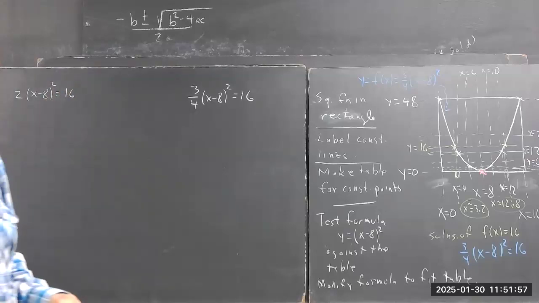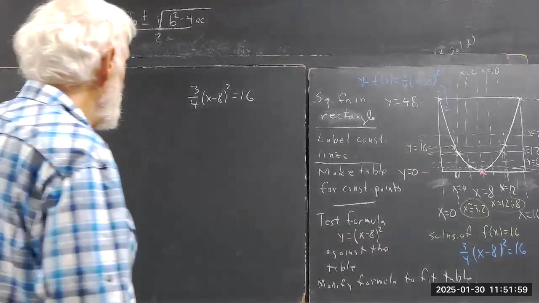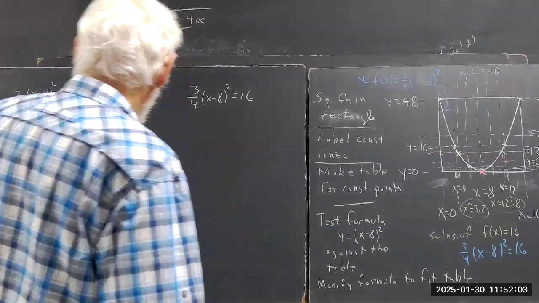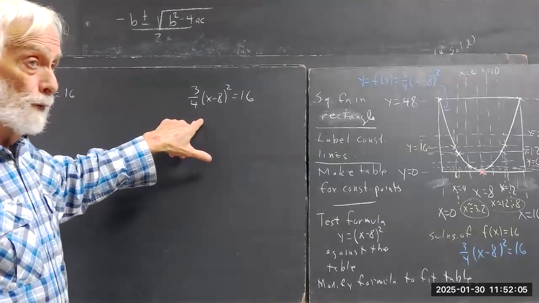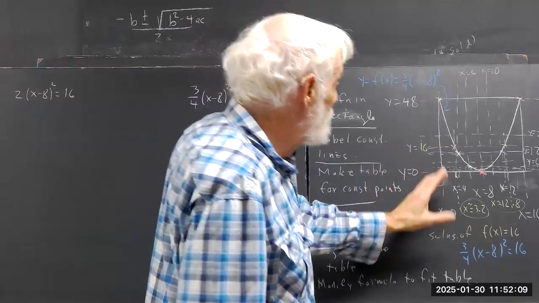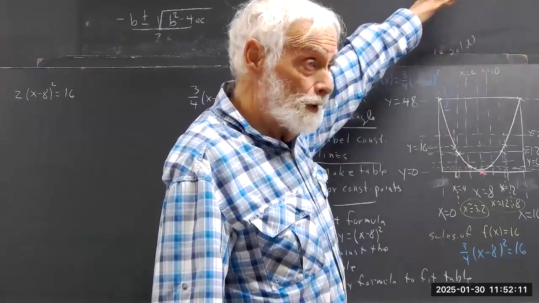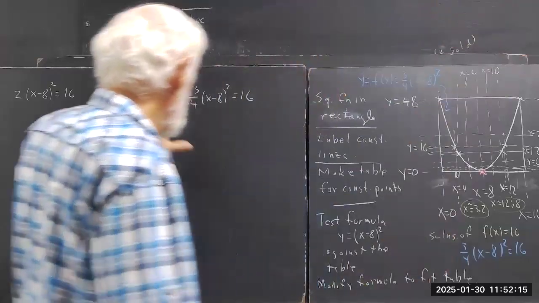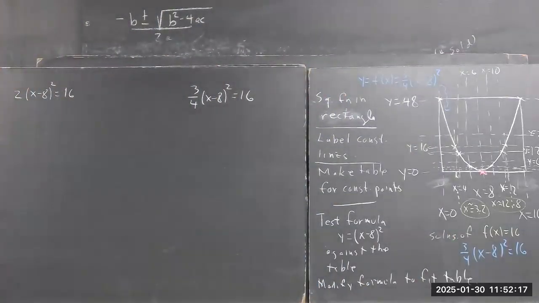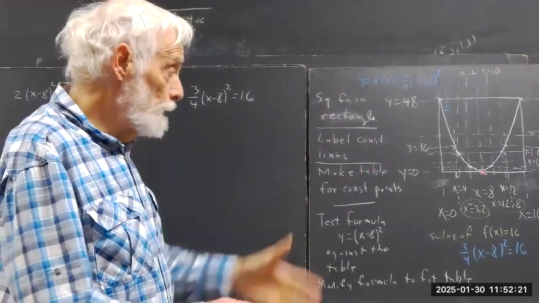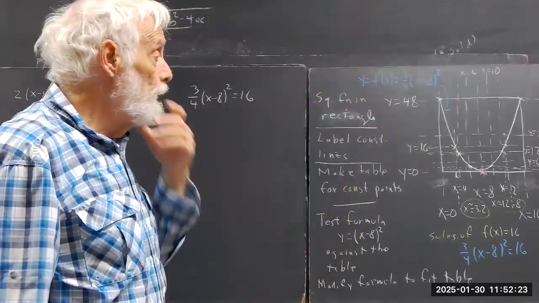Now, 2 is more than twice as big as 3/4, right? That would make the graph a lot higher because you'd have bigger y numbers. If you have the 2 here, you have 3/4. So you can imagine it would make the graph a little steeper.